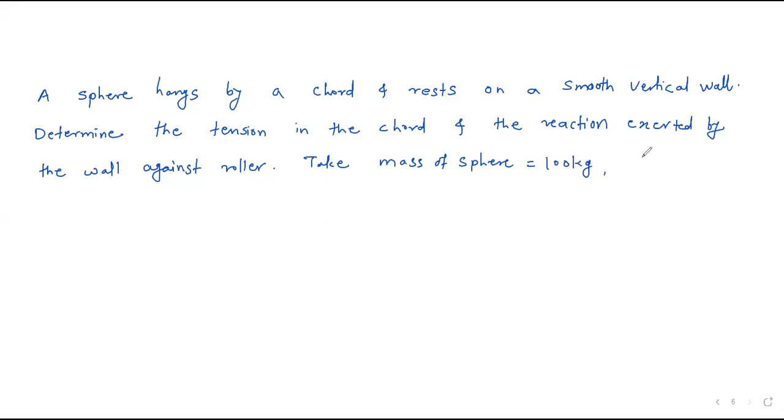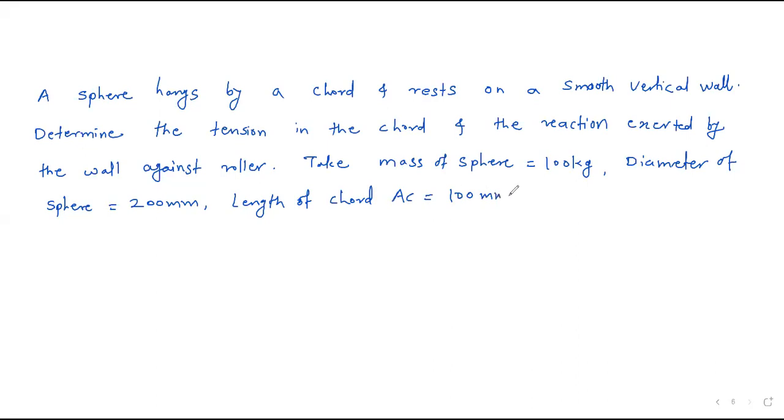Then diameter of sphere, which is equal to 200 mm, and then length of cord AC is equal to 100 mm. This is the given data, and the diagram is also given to you.